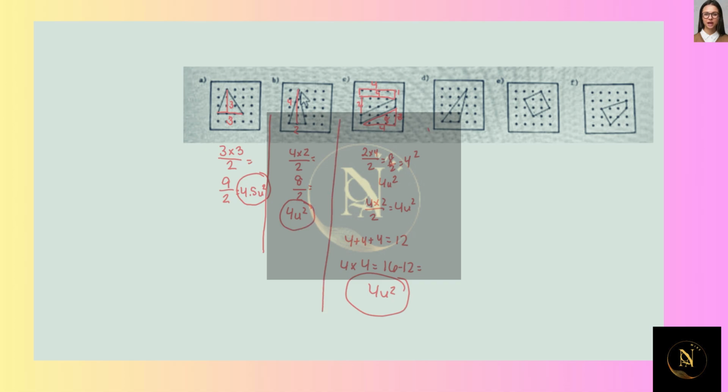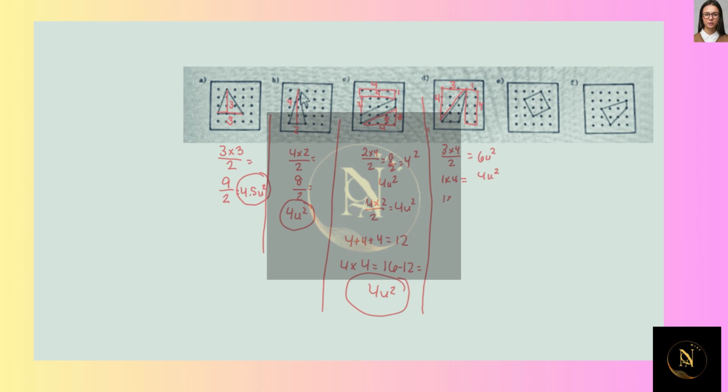Okay, so as we get to the harder ones, it does make more sense to subtract certain areas. So for this one here, I'm going to subtract the area of this triangle. So it's a 3 by 4. So 3 times 4 divided by 2 is 6 units squared. Then I have a 1 by 4. So 1 times 4 equals 4 units squared.